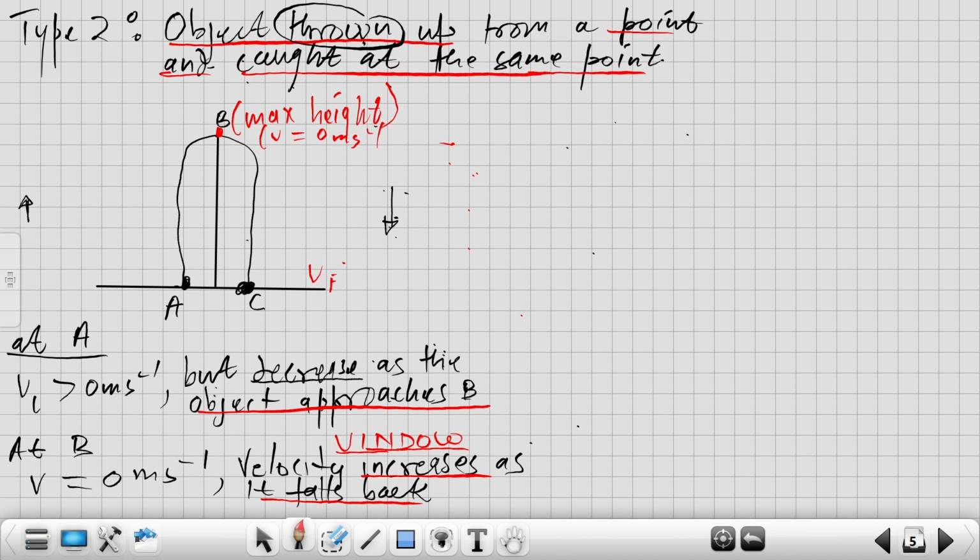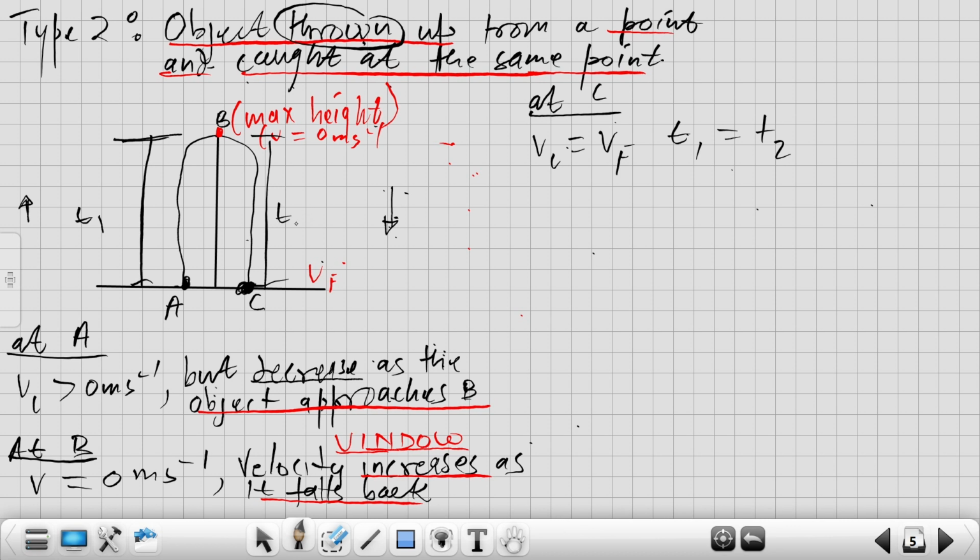But now, what happens at C? What happens at C? These are the three things that are happening at C. V initial is equal to V final. T1 is equal to T2. Someone will ask, but where is T1 and where is T2? T1, we consider it as this part of the motion here. So this will be our T1, and the second part of the motion will be our T2.